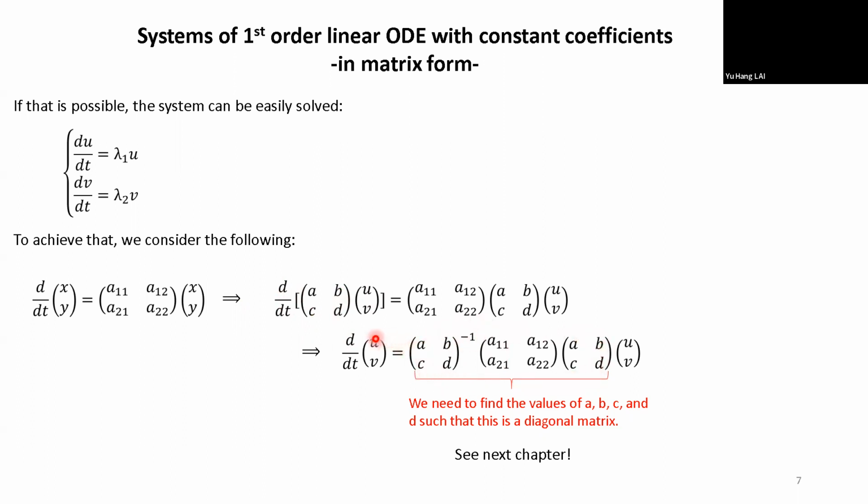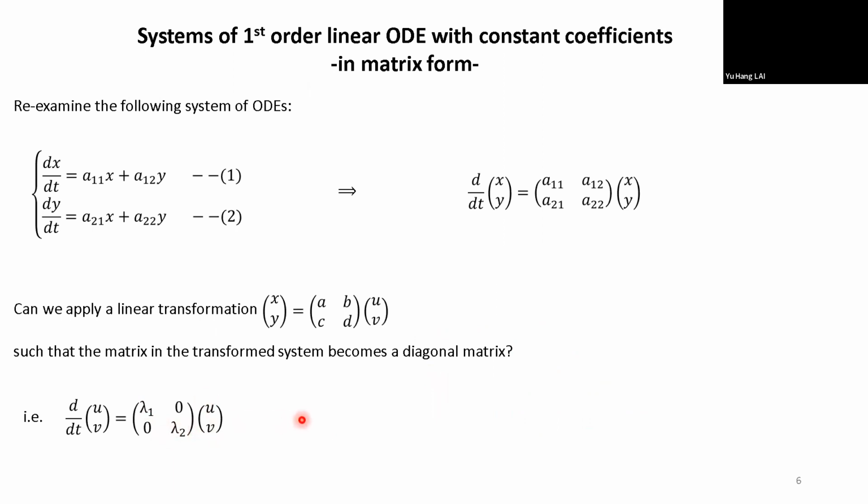So the system becomes: the derivative of the vector uv is given by this product of three matrices multiplied by the uv vector. This product of three matrices is still a 2x2 matrix, but we want this to be a diagonal matrix. Remember, we want this to be diagonal.